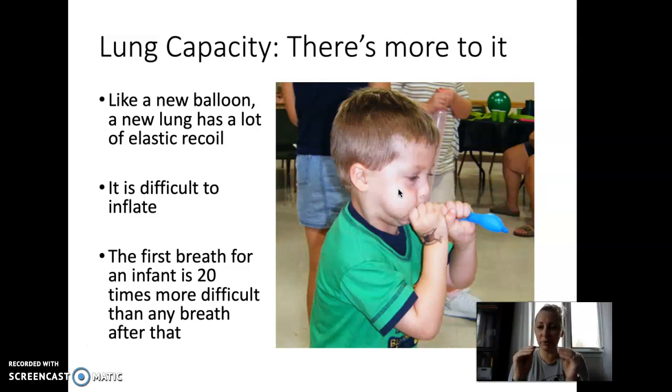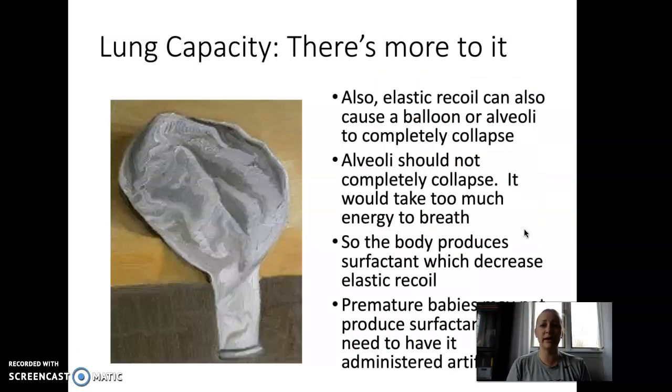The very first breath you take into it, like this little kid's doing here, to actually get it to inflate takes a lot more difficulty than every other time that you blow up that same balloon. So they think that the first breath an infant takes when they're born is 20 times more difficult than any breath you take the rest of your life, simply because the lungs haven't opened yet.